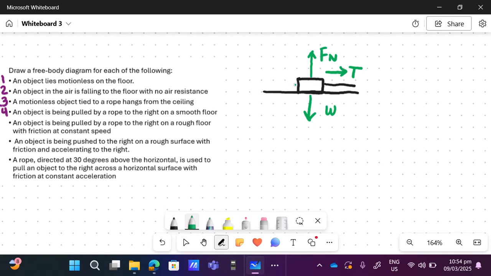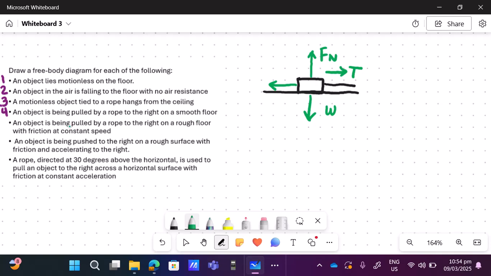So there is a force trying to hold this object or this box. Because the box is moving, what type of force by friction do you think is acting on this object?